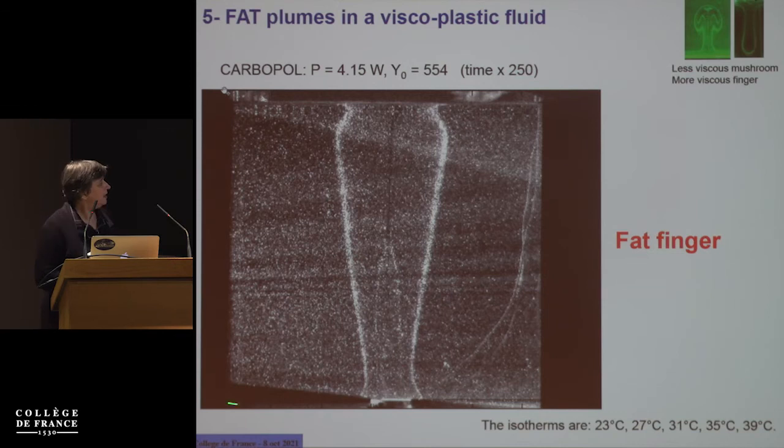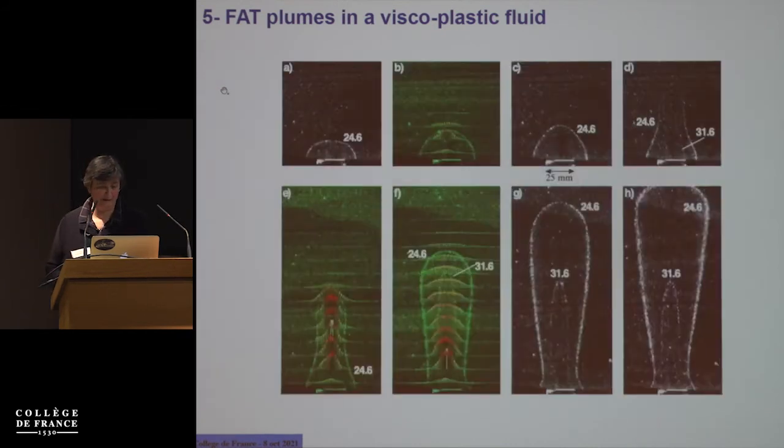So here we have heating from a point source. This is 20 centimeter. I'm sorry, the movie is not working, but I can show on my computer if anybody is interested. And the result is that instead of a mushroom, we're going to have a nice fat finger.